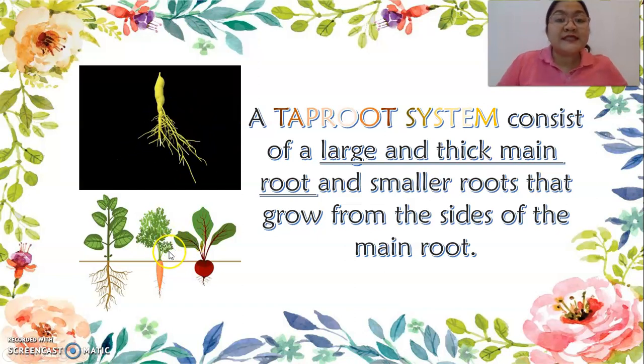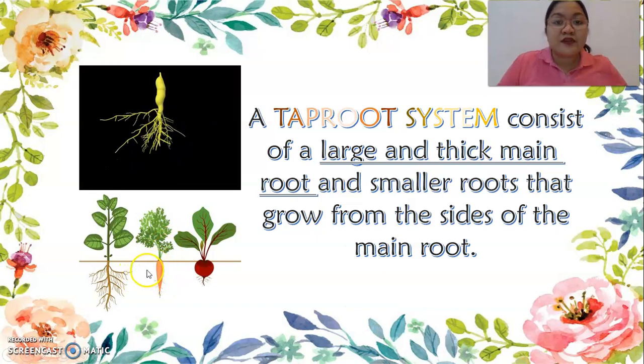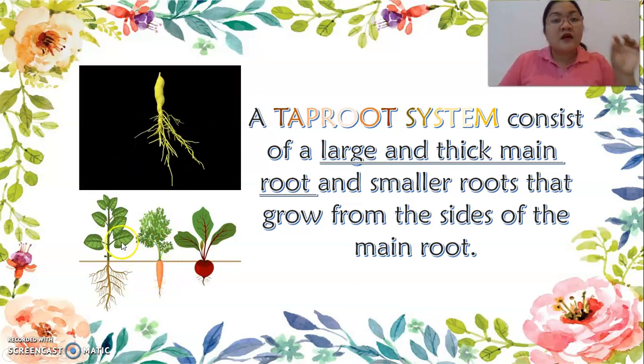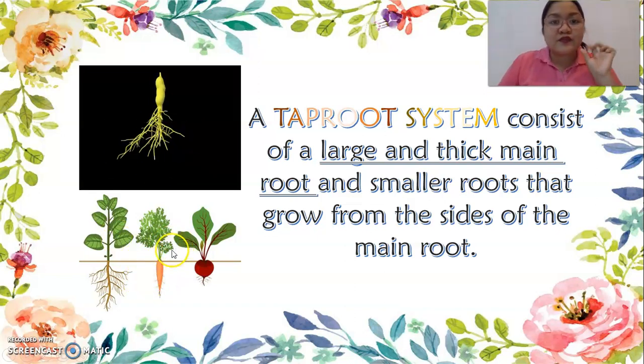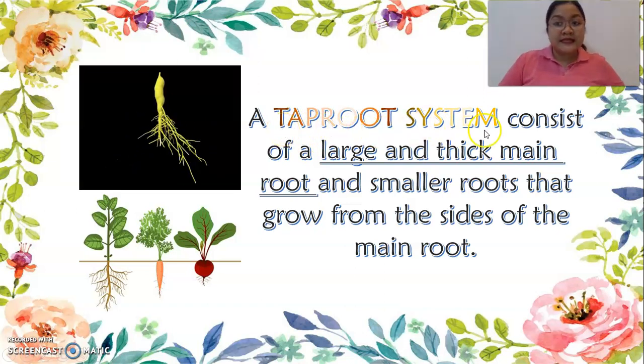Next time you go to your kitchen, can you please check any carrots that you have at home? In a carrot, you can see that there are tiny little roots on the side. That is called the taproot system.